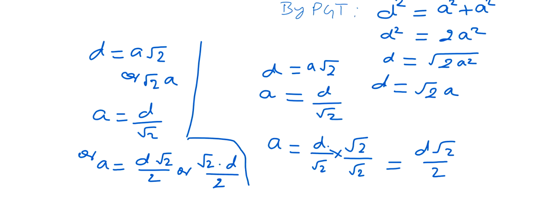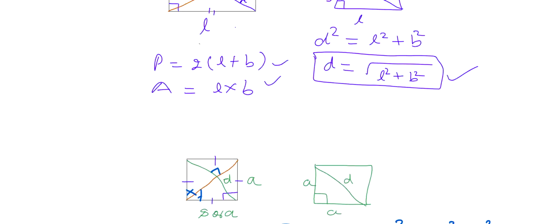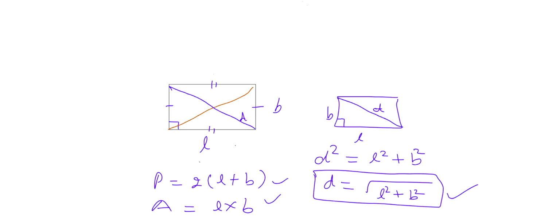And diagonals of a rectangle, sorry, square, are perpendicular. Both diagonals of a square are perpendicular. They bisect the angle. These two angles are equal. But in a rectangle, diagonals are not perpendicular and they do not bisect the angle. Are you getting it better? In a rectangle, the diagonals are equal.